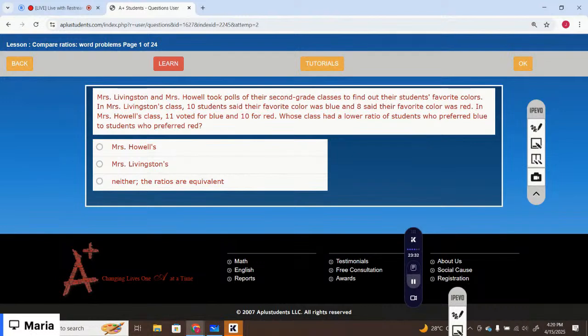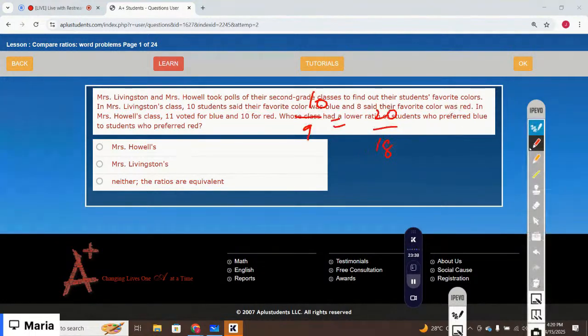In Mr. Livingston's class, 10 students said their favorite color was blue and 8 said red. So Mr. Livingston's class, 10 students to 8. In Mr. Howell's class, 11 voted for blue and 10 voted for red. Whose class had a lower ratio of students who preferred blue to students who preferred red? So this is the ratio for Livingston's class, and this is the ratio for Howell's class.